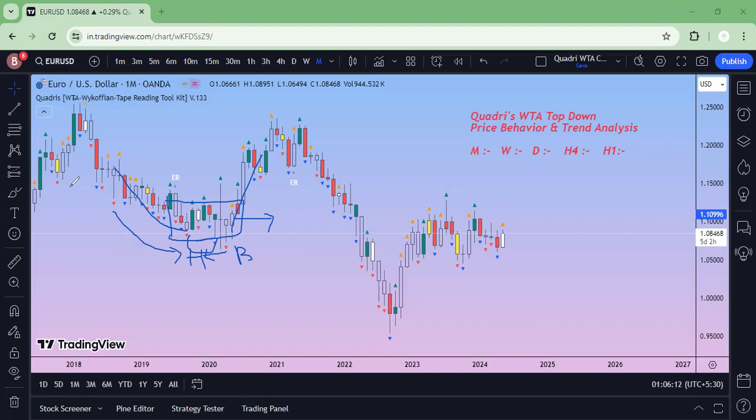But it doesn't work, because many a time we see the buying climax and price goes up, and many a time we see selling climax and price goes below. So having said that, I'll come back to our top-down analysis part.